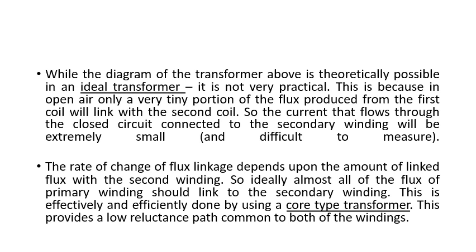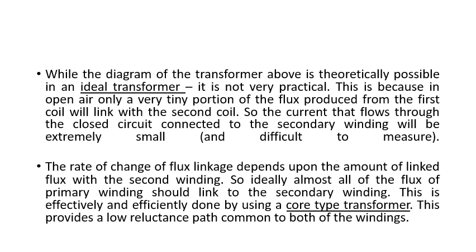The rate of change of flux linkage depends on the amount of flux linked with the second winding. So ideally, almost all the flux of the primary winding should link to the second. This is effectively and efficiently done by the core type transformer.